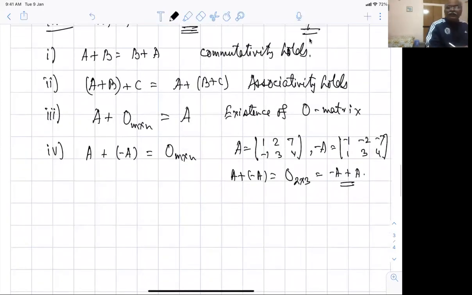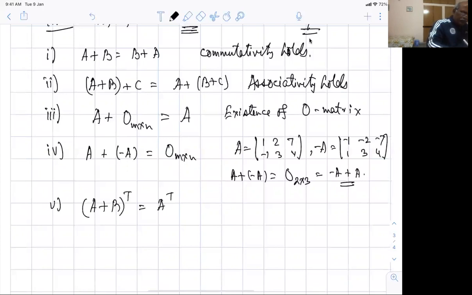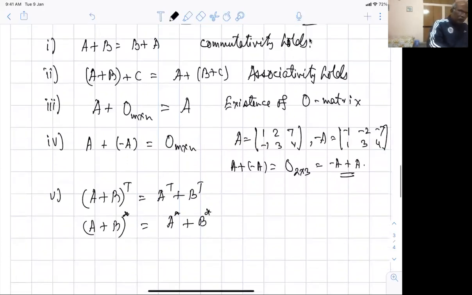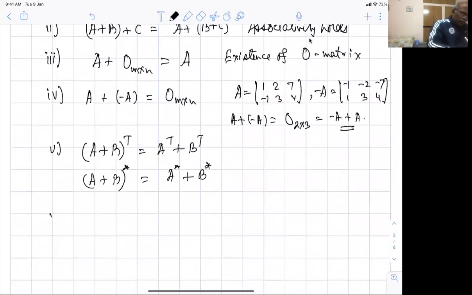So these are the properties of addition. If I want to look at it in terms of transpose and so on, then A plus B whole transpose is A transpose plus B transpose. We also have A plus B whole star is A star plus B star. I would like you to verify it yourself. Fine. Sixth, related with my scalar multiplication.